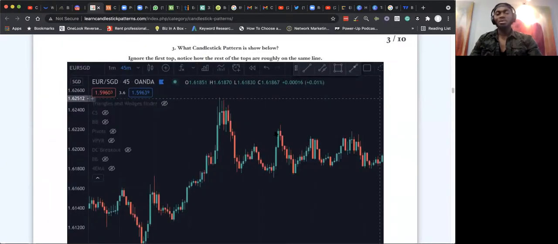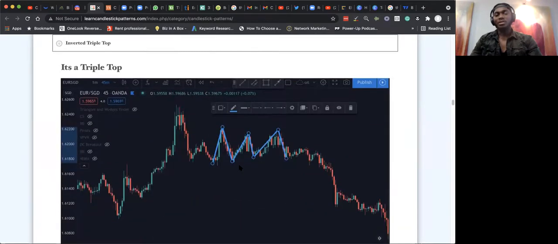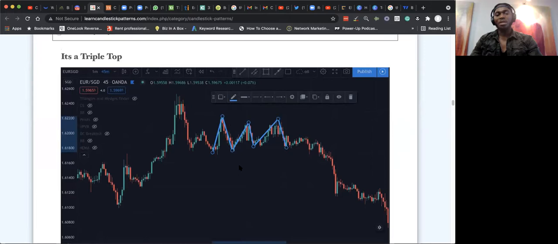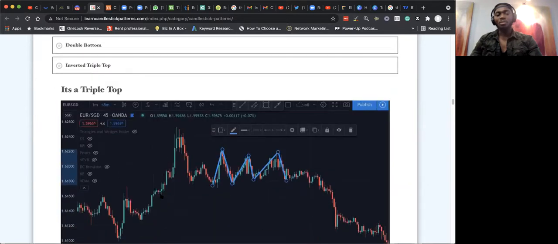Ladies and gentlemen, put your hands together for what we now know as the triple top chart pattern. This 45-minute Euro SGD chart is characterized by a long price rally meeting a resistance, and price action attempts to break that resistance three times and is bounced right off of it.